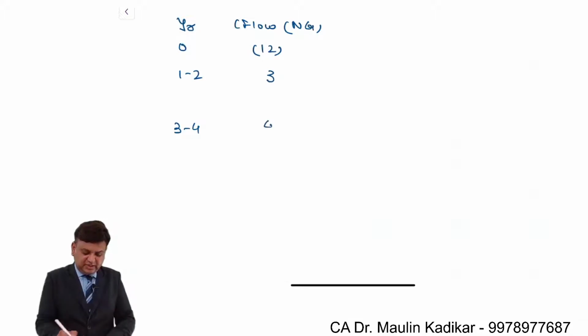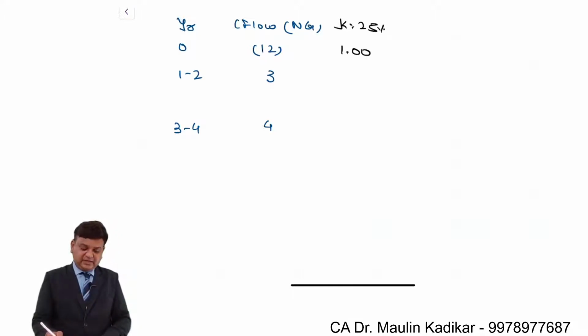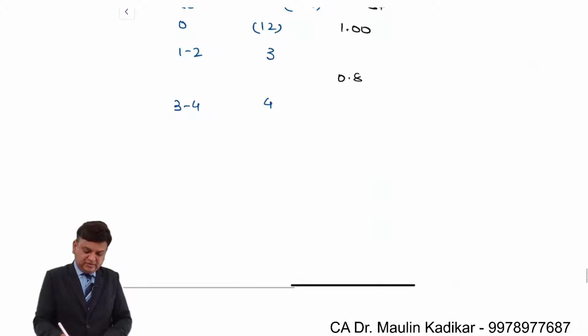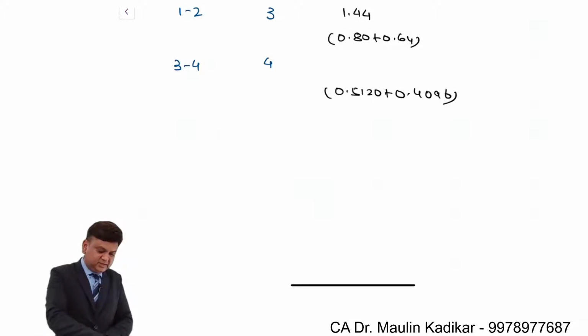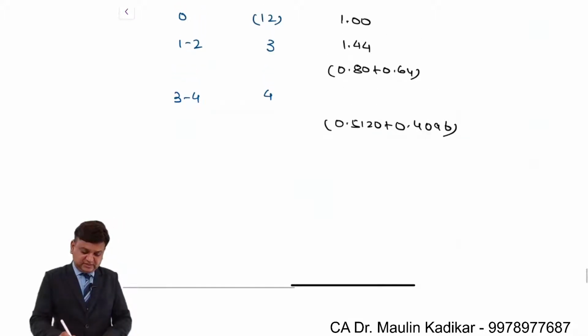Cash inflow is 3 and cash inflow is 4. Discounting at the rate of 25%. Year 0 factor is 1. First year and second year factor summation, that is 1.44. Third year and fourth year factor summation, that is 0.9216.